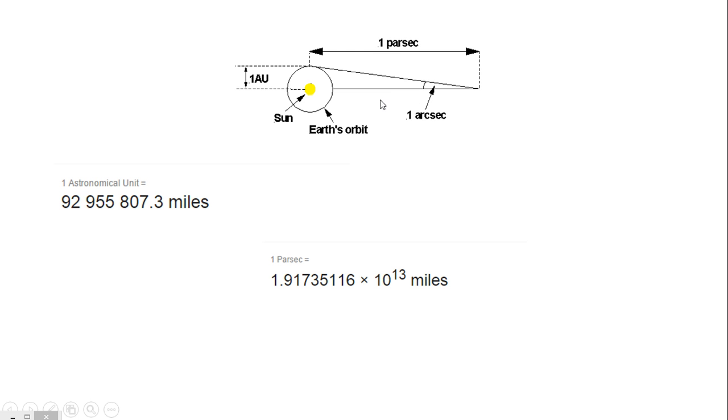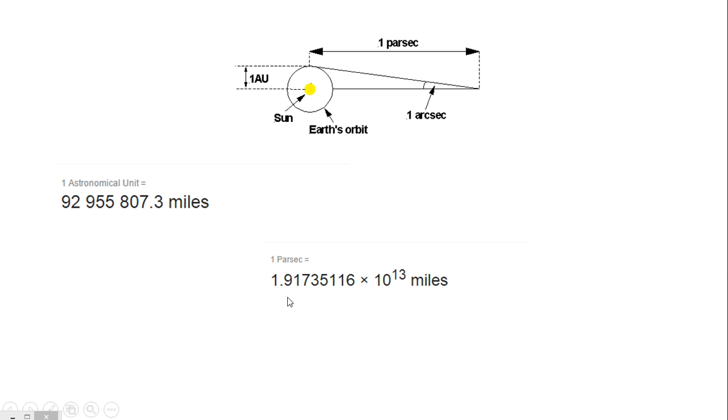If an angle of 1 second of arc were to have its rays separated by this 93 million miles, we would be traveling a distance of 1 parsec, which is, as you can see here, 1.9 times 10 to the 13 miles.